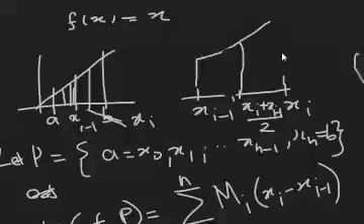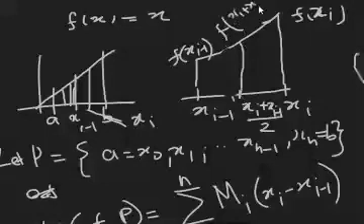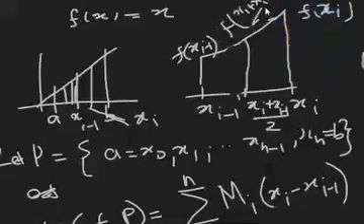The function value at x_{i-1} is f(x_{i-1}), and the function value at this midpoint is f((x_i + x_{i-1})/2).